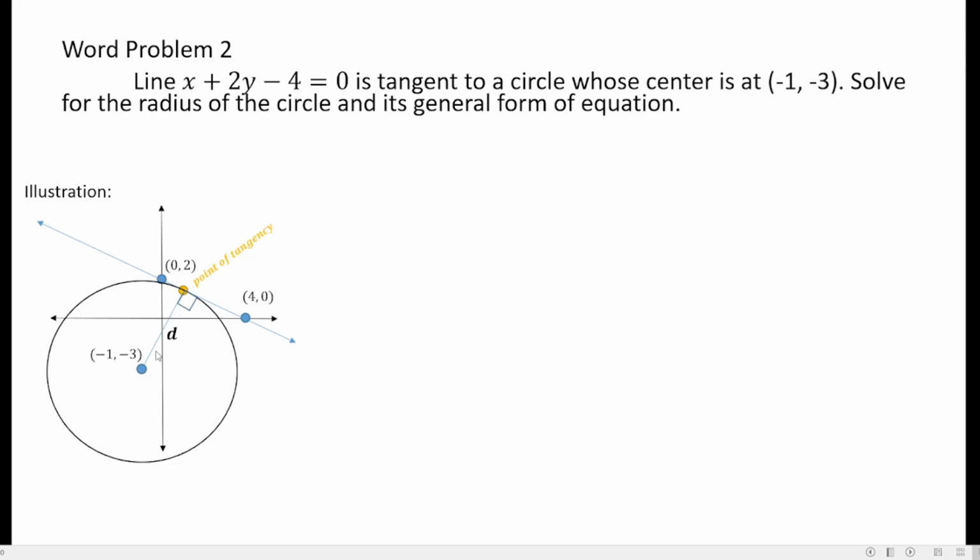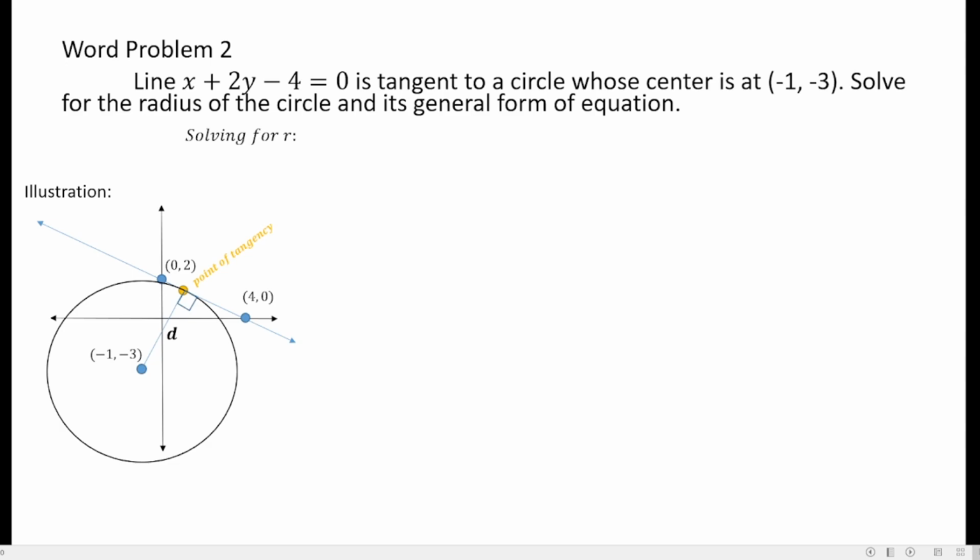And that distance is actually the radius of the circle, right? Because this one is a center and this one is a point of tangency, which is also a point on the circumference of the circle. So getting the distance between them is just like getting the radius of the circle.